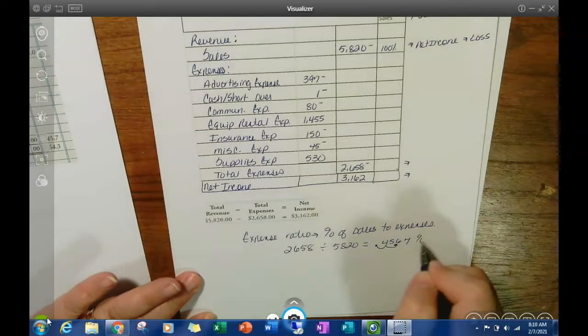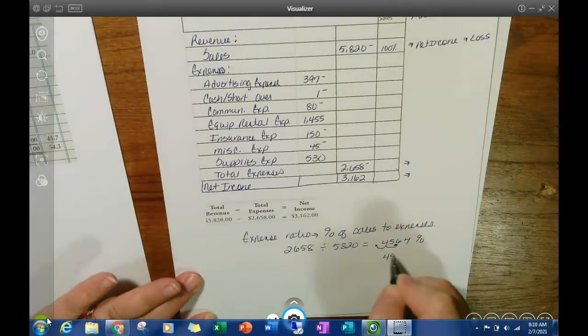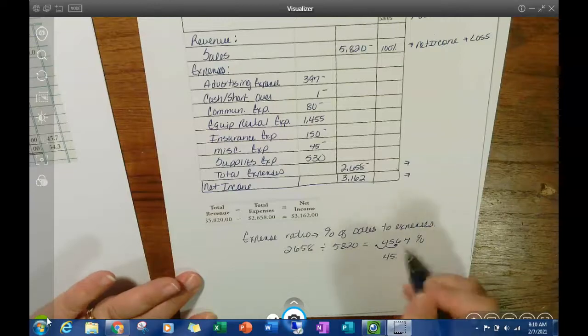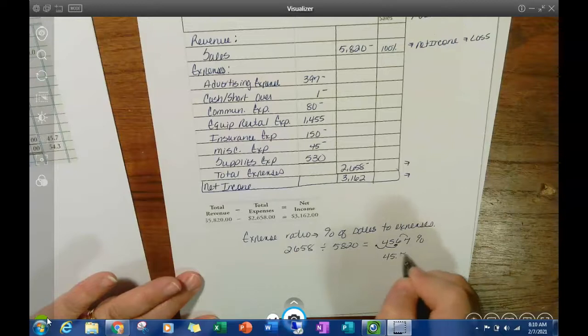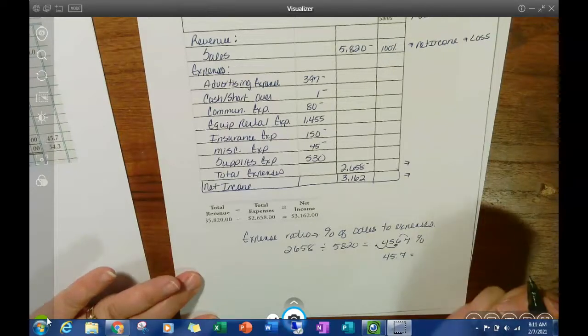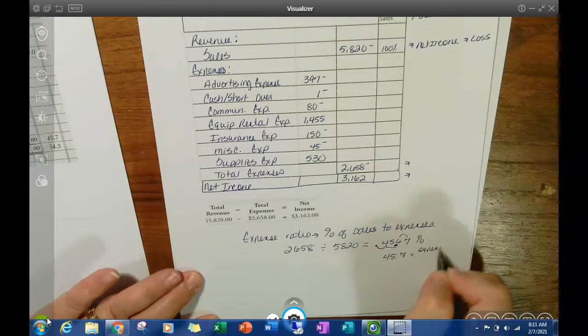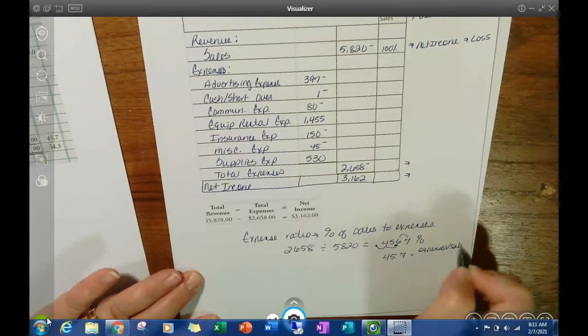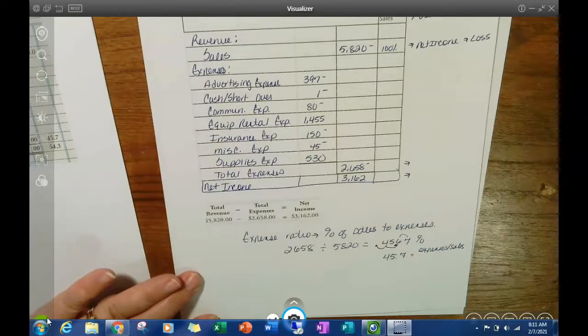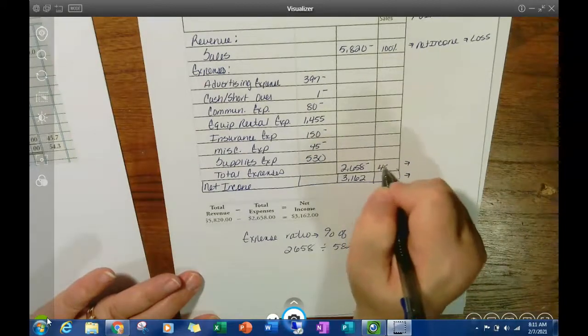So to turn this into a percent, it would be 45 point. Since this is a 6 and this is a 7, we have to round up. 45.7% is the percent of expenses to sales. So that means 45% of your costs.